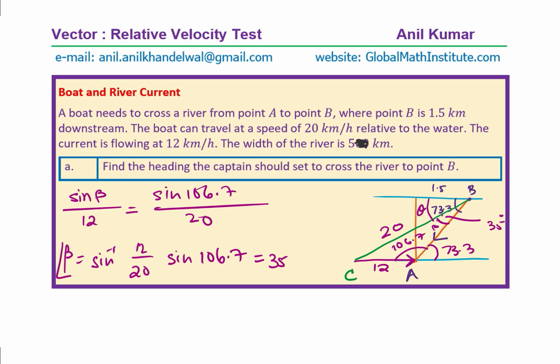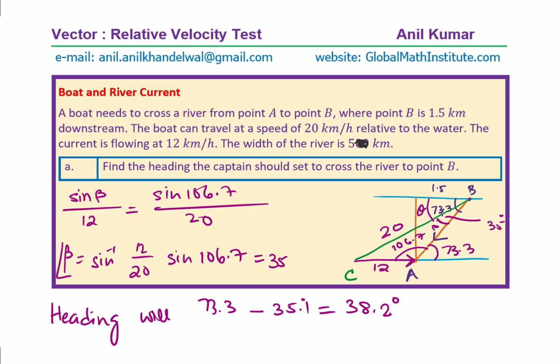So from the bank, heading will be 73.3 minus, let's say, 35. Okay, you can round it to 35.1 degrees if you want to. So it gives you 73.3 minus 35.1. It is 38.2 degrees.